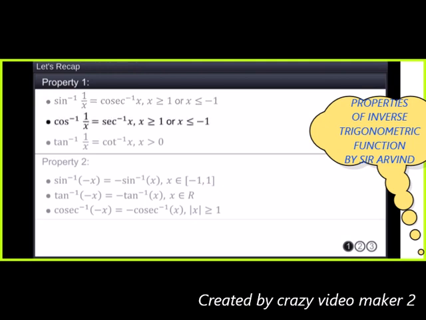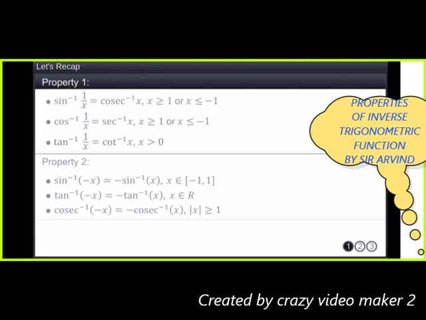Here cos inverse 1 upon x is equal to sec inverse x. Similarly, you can prove sec inverse 1 upon x is equal to cos inverse x. And tan inverse 1 upon x is equal to cot inverse x. Its reverse is also there. Cot inverse 1 upon x is equal to tan inverse x. This was property number 1.